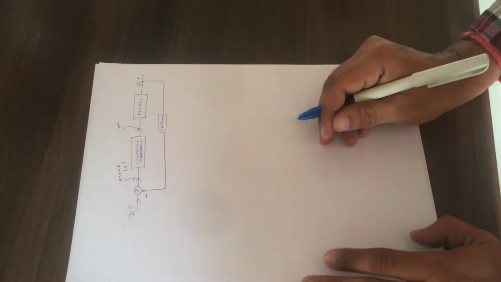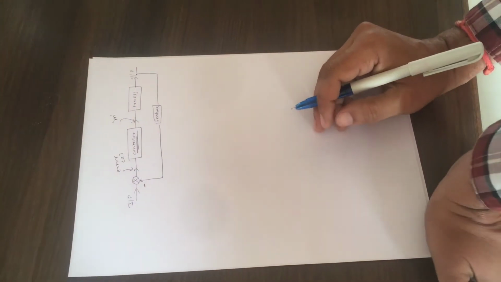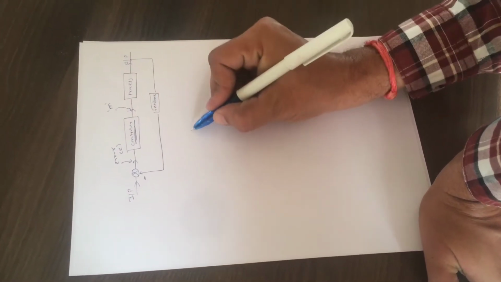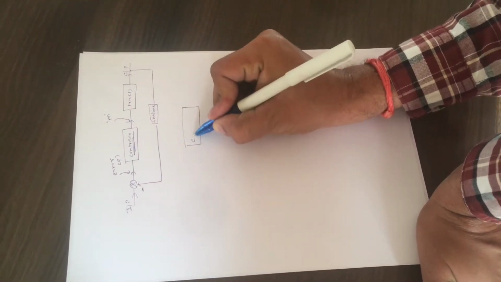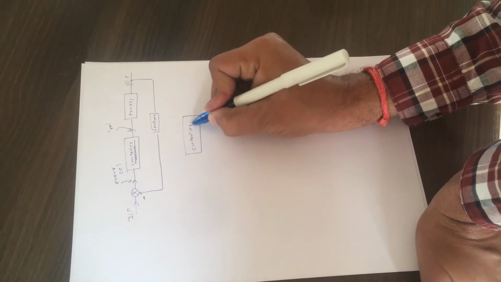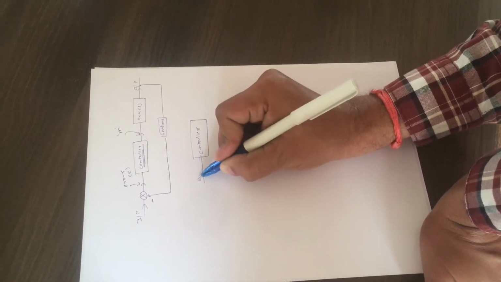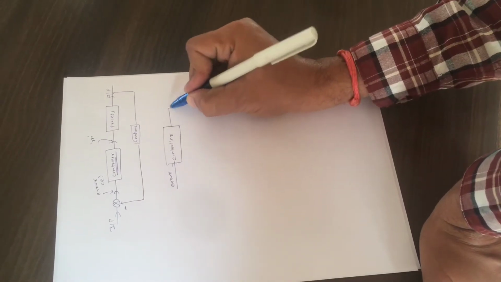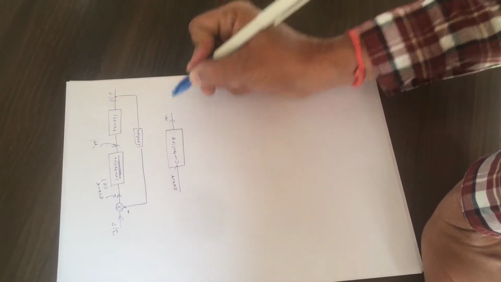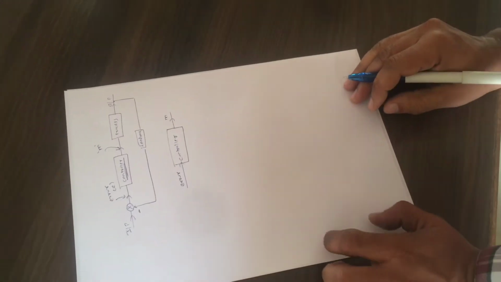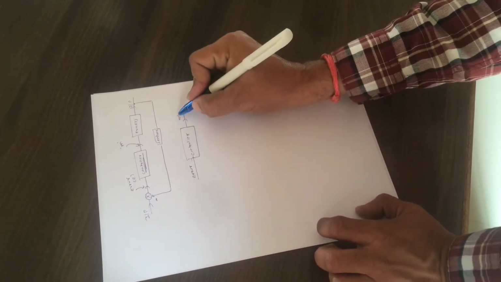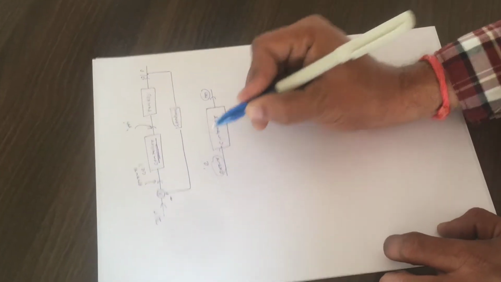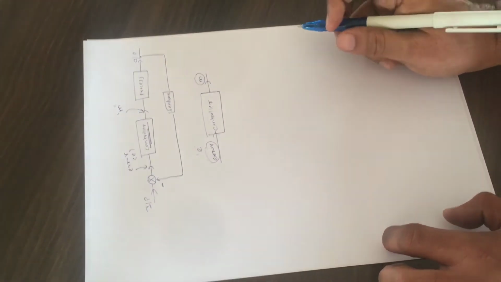I have already explained these particular things when I was talking about the previous experiment. If we take the controller outside, we observe that the input to the controller is an error signal, which is the difference between input and output, and the output of the controller is M. So the relation between this M and the error signal E defines the different control actions.